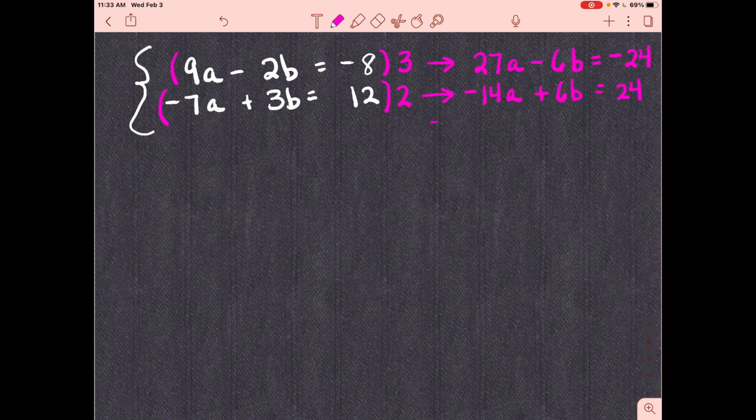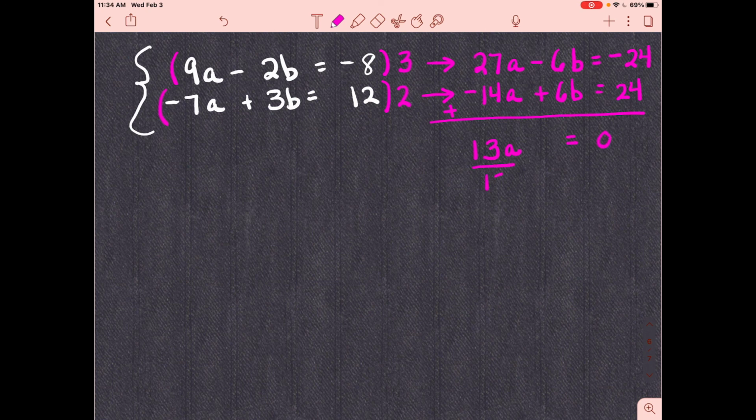Okay, I'm going to add those two equations together. 27 plus -14 gives me 13a. And -6b and +6b are 0 equals -24 plus 24 is 0.